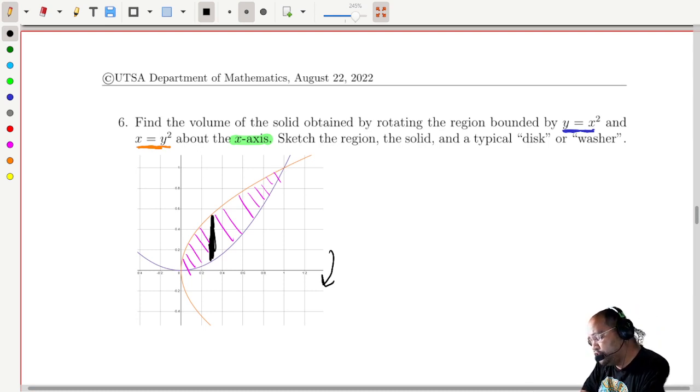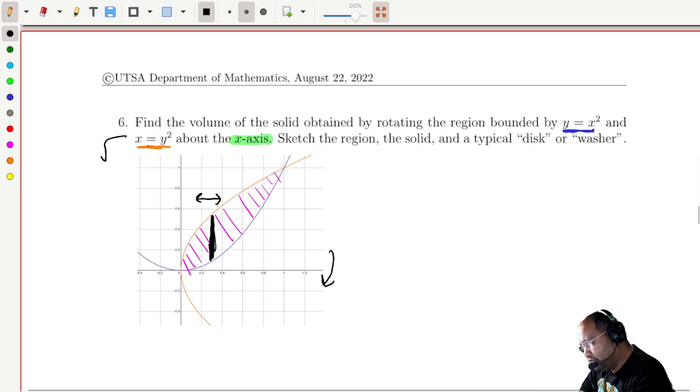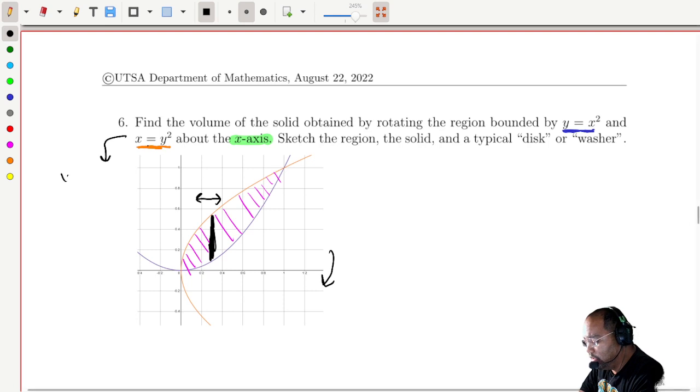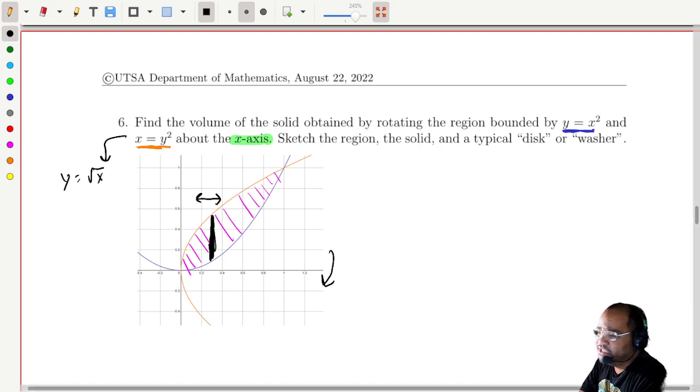Once again, we need to express everything in terms of a function of a single variable, and the natural choice here is to make this a function of x since we are slicing with vertical slices here. So this strip moves left to right. We're going to take this second parabola, x equals y squared, and solve for y. We get y equals the square root of x. We're only going to consider the plus branch here because the minus branch, the bottom branch, doesn't contribute to this area.